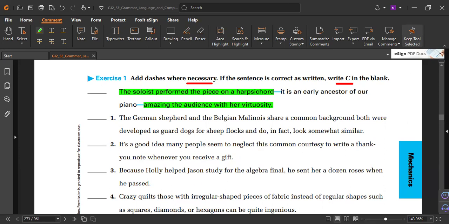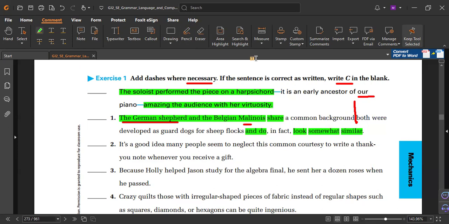Right, but why not use a dash after the word background here? And we need a dash after flocks. Let's read. The German Shepherd and the Belgian Malinois is called the compound subject. Both of them share a common background and they do look somewhat similar.